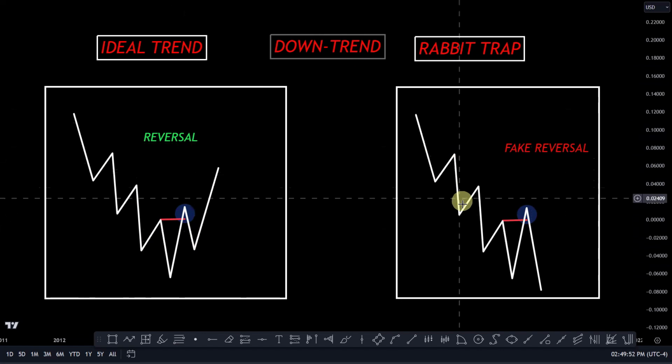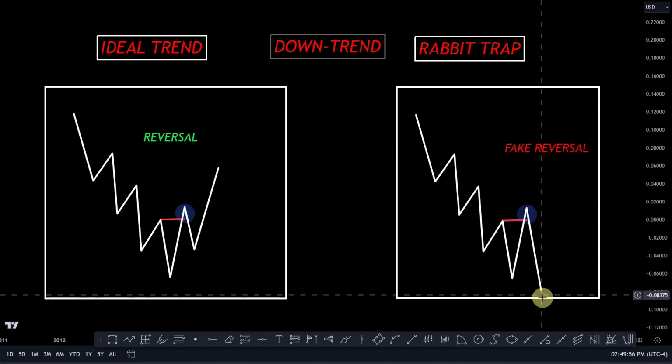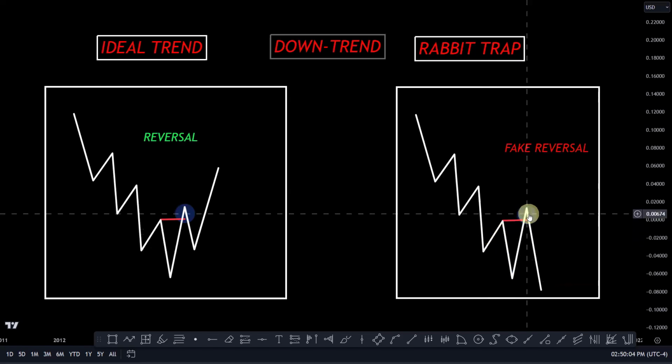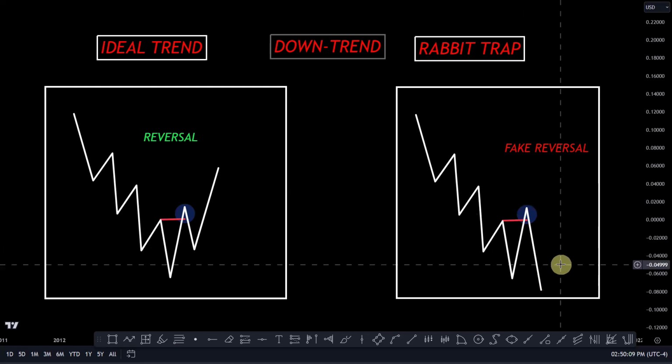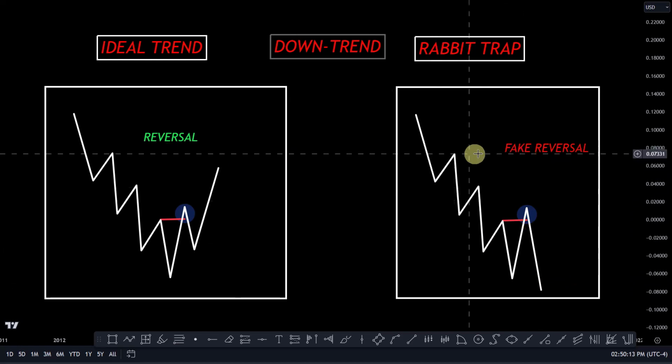Here price gives us lower high, lower low, lower high, lower low, lower high, lower low, higher high, again lower low. That means a rabbit trap in a downtrend is when the price is giving you lower highs and lower lows, it suddenly gives you a higher high, then again starts to give you lower lows and causes the continuation of the previous trend.